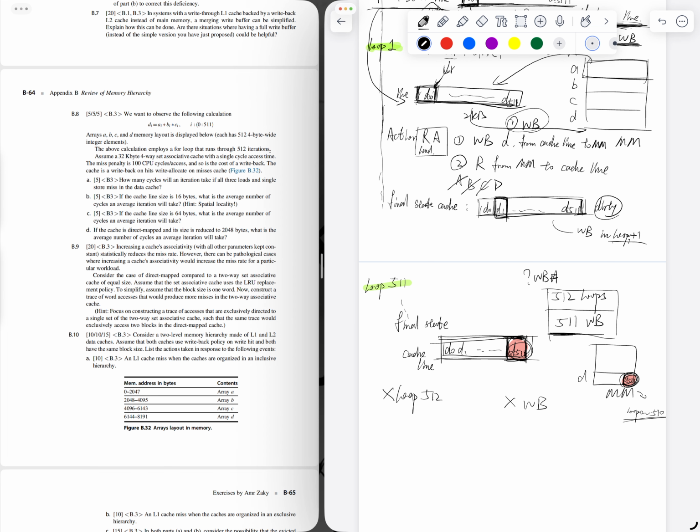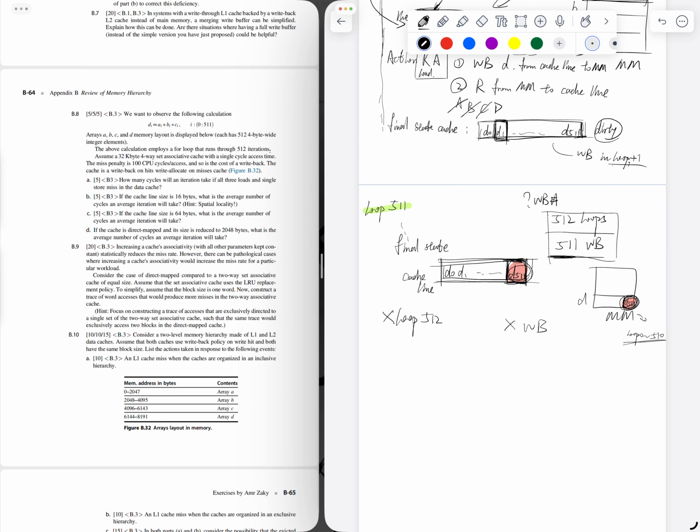Since we have 511 write backs, we can divide it by 512 and get an average write back penalty, right? The penalty is 100. So this is the average write back for each loop.